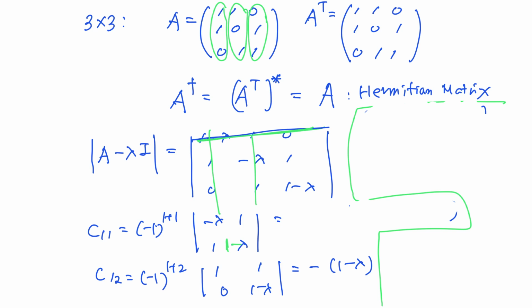So that is minus lambda, 1 minus lambda, minus 1. And 1, 2 is 1, 2, 1, 1.